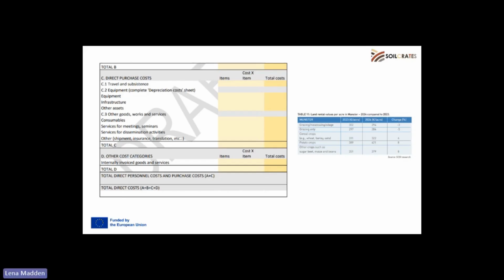So basically, it says that you cannot claim more than €1,000 per hectare, and the land claim cannot be more than 25% of the overall project.